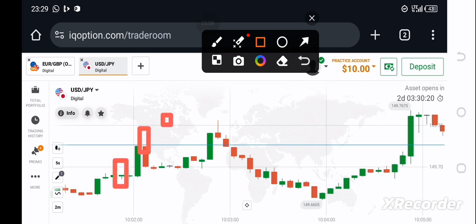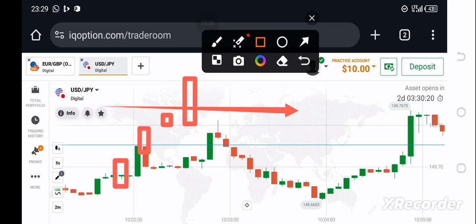Let's say this is our resistance level. Then suddenly we saw a strong breakout of the level, and knowing fully well that at this particular level there is a strong resistance from behind, we can expect at least for one candlestick the market should respect the level.